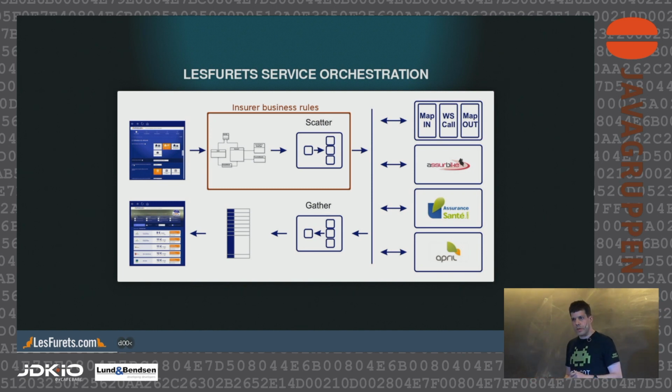And we have a lot of business rules in the scatter part. It's in red on the schema. On that side, every insurer would like to have filters to target a specific set of customers, like if you are young, or maybe you have a risky profile, and other things like that.